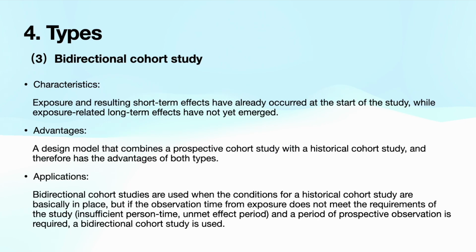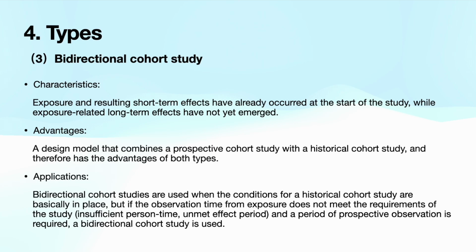The third is bidirectional cohort study. Exposure and the resulting short-term effects have already occurred at the start of the study, while exposure-related long-term effects have not yet emerged. This model combines a prospective and a historical cohort study, so it has the advantages of both types. It is usually used when the conditions for a historical cohort study are basically in place.